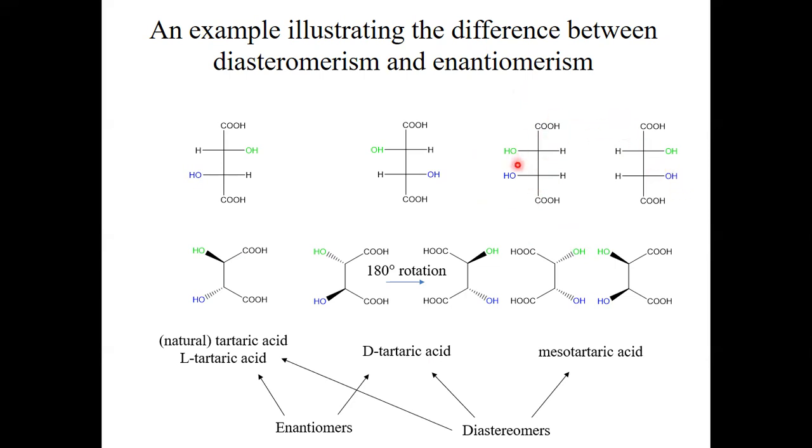You can do this by rotating just by 180 degrees around this carbon-carbon bond. Then these two will superimpose, and that proves that they are actually identical, not two different isomers.